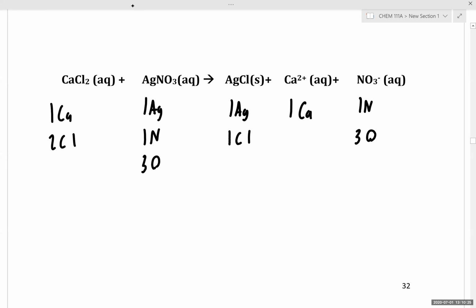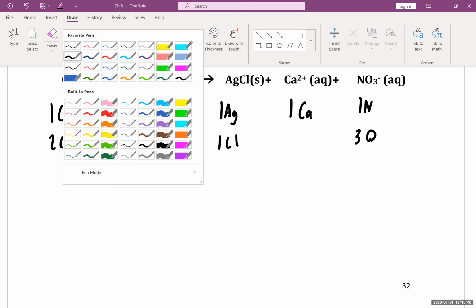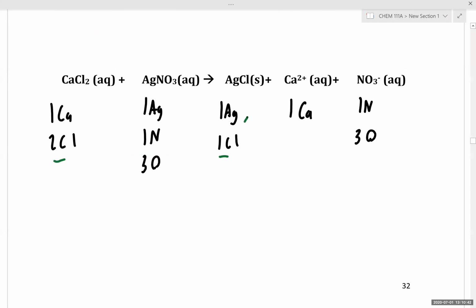Okay, so let's start by balancing any of our elements that are not balanced. So as we see, chlorine is clearly not balanced. So let's play a guessing game. 1 times what would give us 2 chlorines?